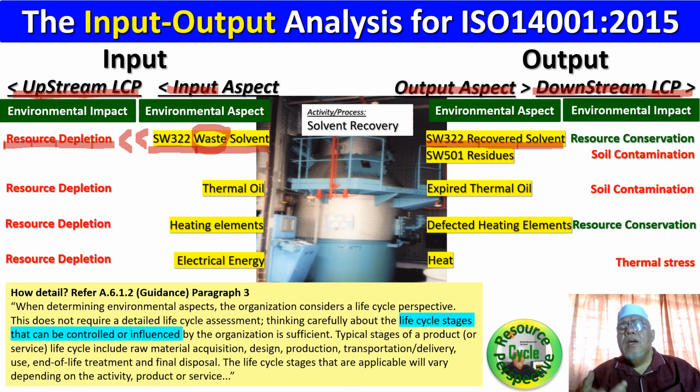This recovered solvent is being reused in this company, and therefore the interaction with the environment is that the demand for fresh solvent is less, displaced volumetrically, quantitatively by this recovered solvent, and that would cause less demand for resources. Thus, the environmental impact is resource conservation.